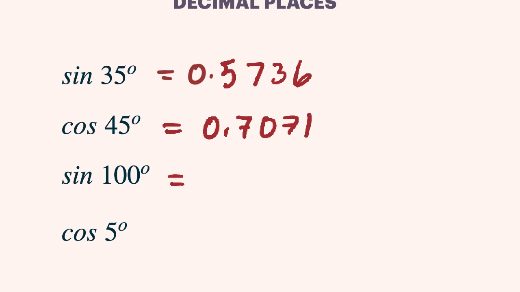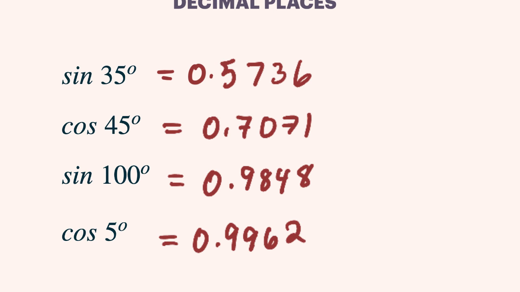The sine of 100, I get 0.9848. And then lastly, the cosine of 5, I get 0.9962. Okay, so just straightforward calculator problems. And that leads you to your homework. And that's it.